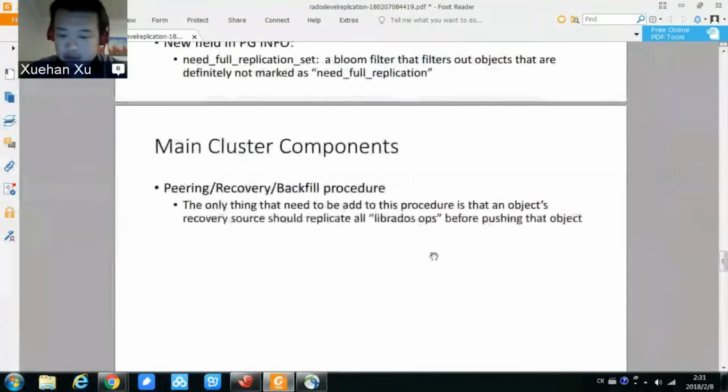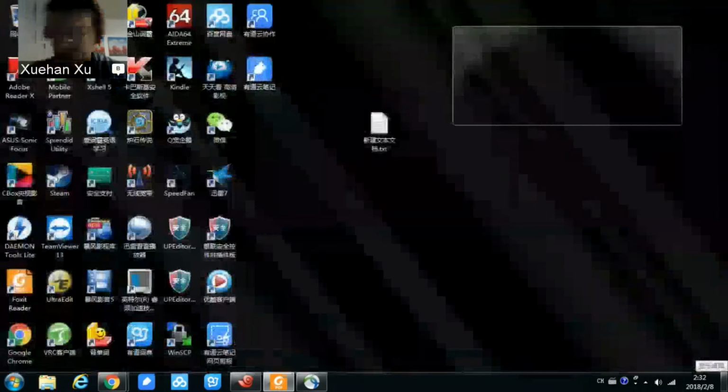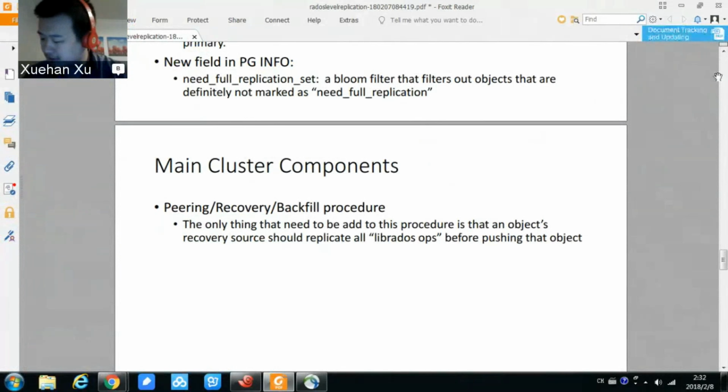And we did consider the peering process a little, and by the time we were considering this, we think that the only thing that needs to be modified in the peering recovery backfill procedure is that an object's recovery source should replicate all liberated ops before pushing that object. But we didn't consider those divergent operations. I think we'll consider that later.